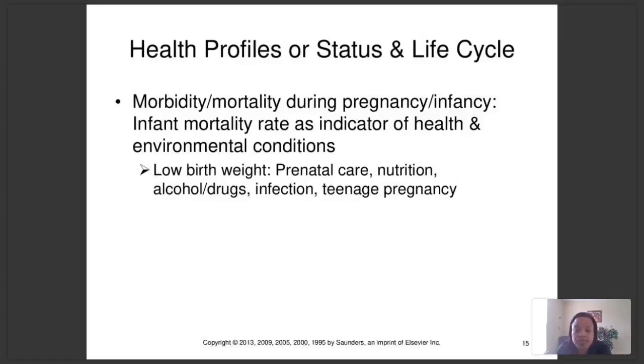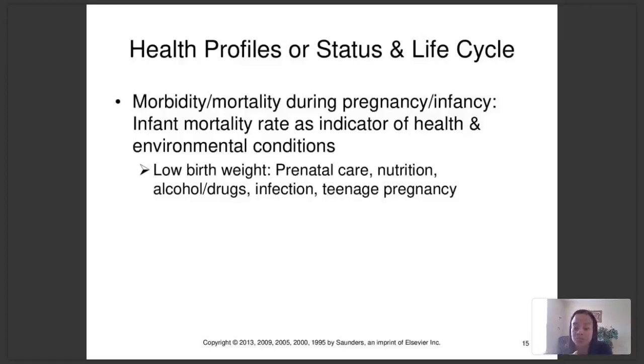As shown on the screen here as an example, low birth weight could be something that we identify as an indicator. So things that we may pay attention to, such as prenatal care of the mom, the nutrition, was there alcohol or drugs ingested during the pregnancy, the age of the mom, any infections associated, and other conditions going on with it.